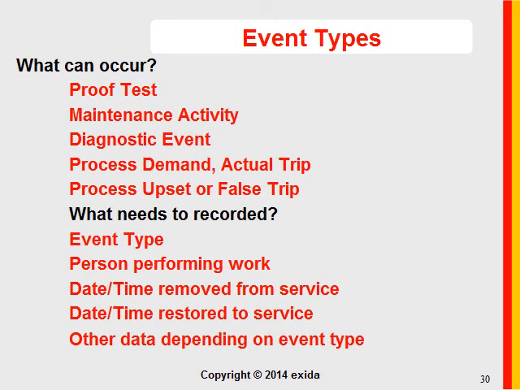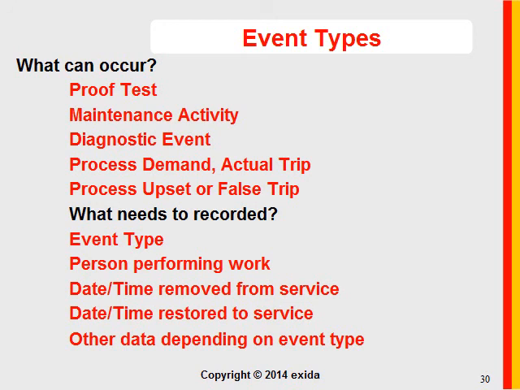That's a maintenance activity, and you want to keep track that you've done that. So that if there's a failure, you can at least rule out that the sensing element was indeed replaced in time. It's not a wear-out issue. Any diagnostic events, any indication from a piece of equipment that something is wrong, you want to record that.